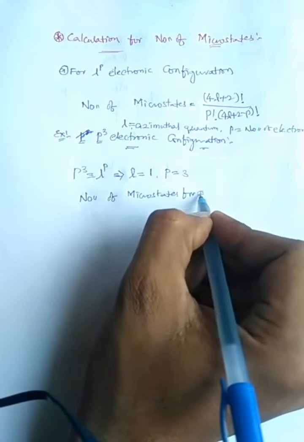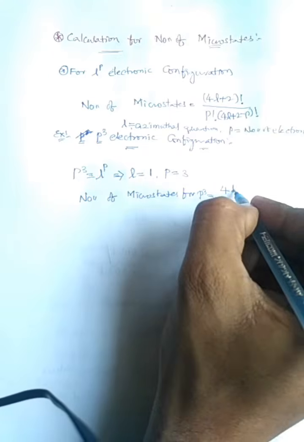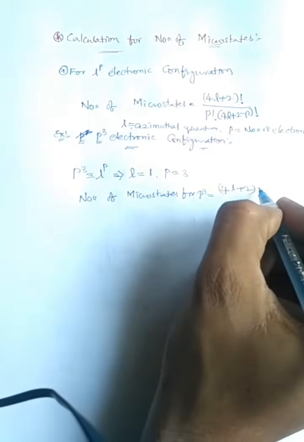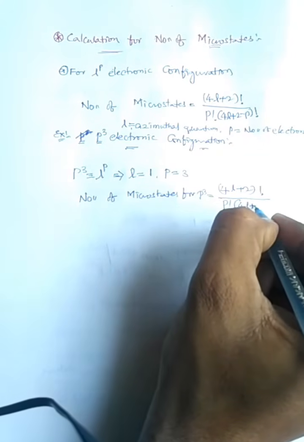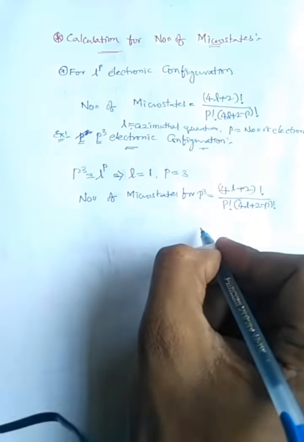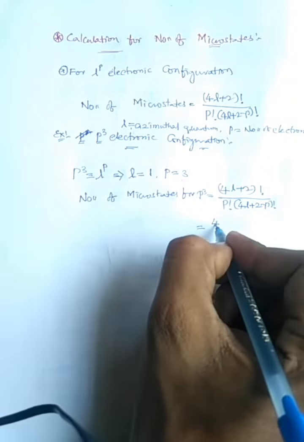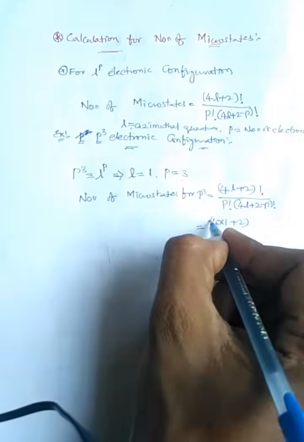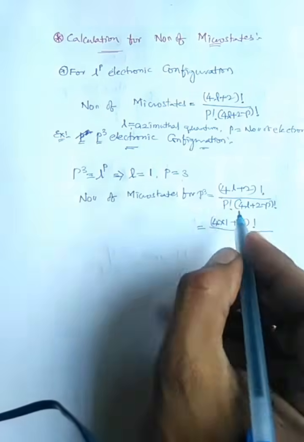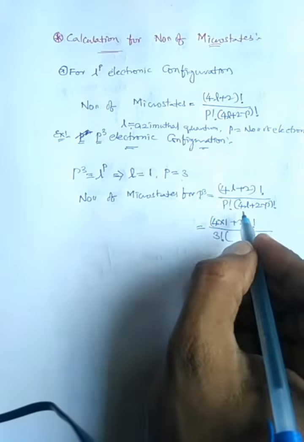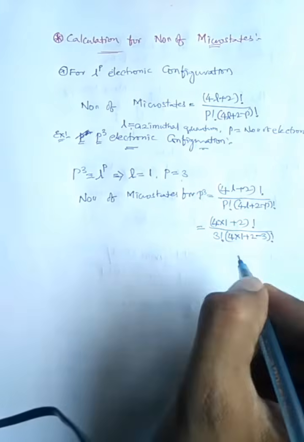for p3 electronic configuration is (4l plus 2) factorial divided by p factorial into (4l plus 2 minus p) factorial. When we substitute the l value and p value in this formula, we get 4 into 1 plus 2 factorial in the numerator, and in the denominator 3 factorial, p being 3, times 4 into 1 plus 2 minus 3 factorial.